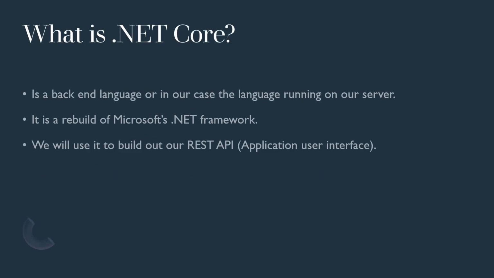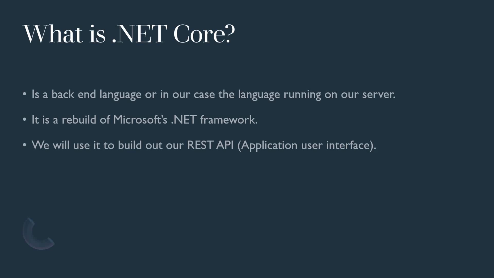So now that we discussed the front-end technology, let's get into the back-end technology that we'll be using, which is .NET Core. It's a back-end language, or in our case, the language running on our server. .NET Core is a rebuild of Microsoft's .NET framework. Just like Google rebuilt Angular, Microsoft found that there was a lot of bulk and things in its original .NET framework that were slowing it down.